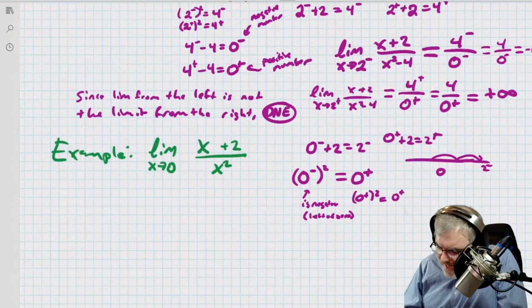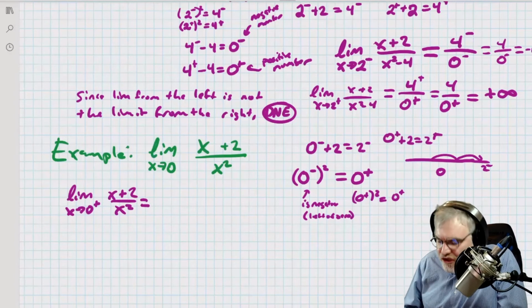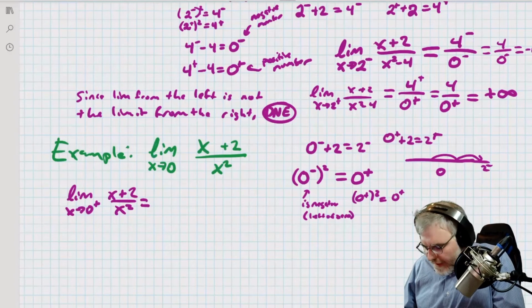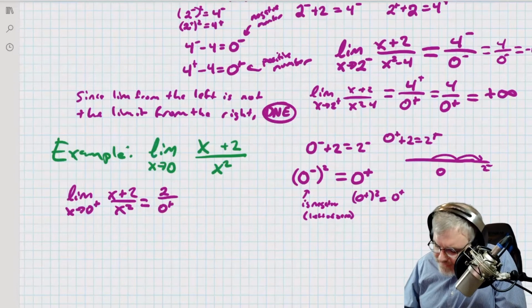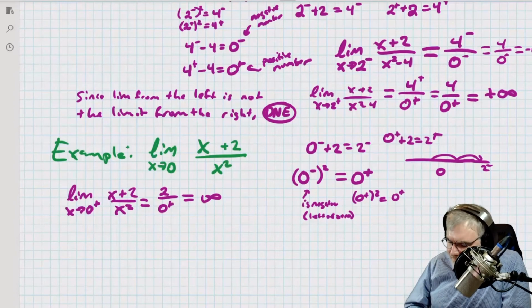So now what I have is that the limit as x goes to 0 right of x plus 2 over x squared equals-ish, because I'm mixing two concepts, which is fine, 2 right over 0 right, which is just 2 over 0 right. And that goes off to positive infinity, right?